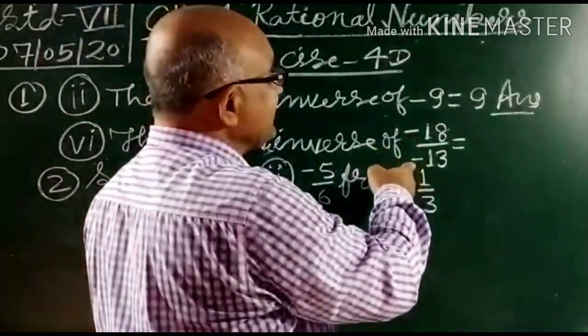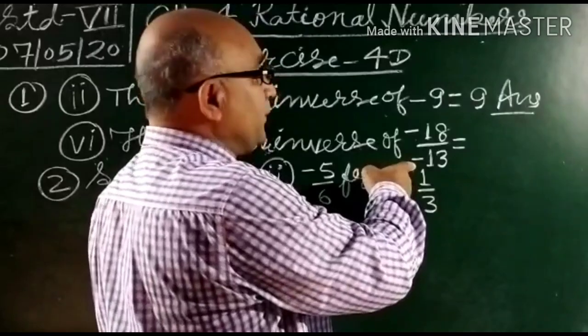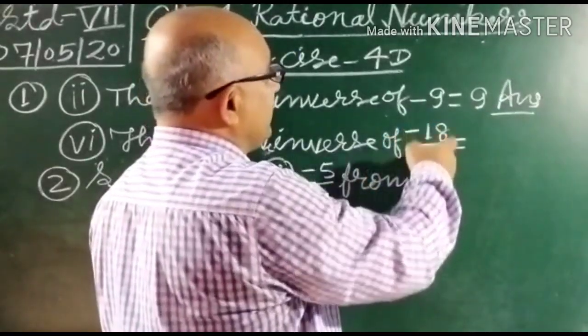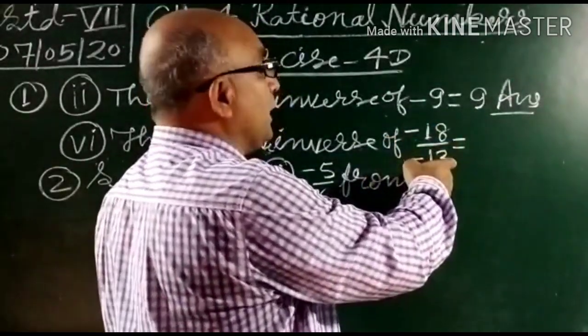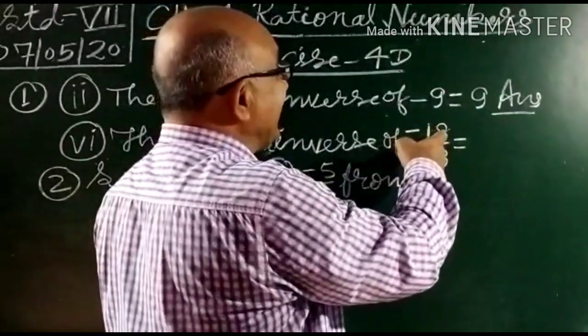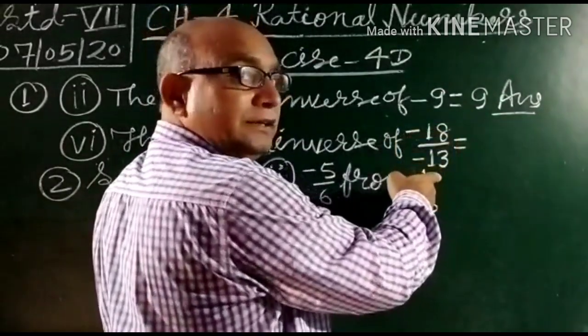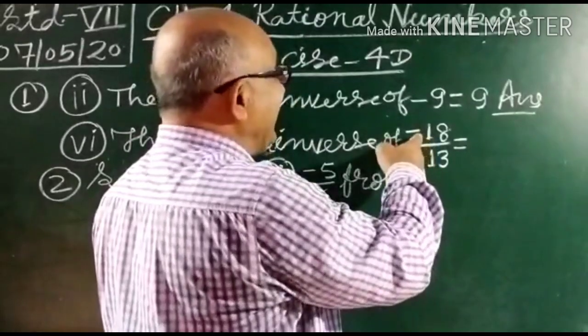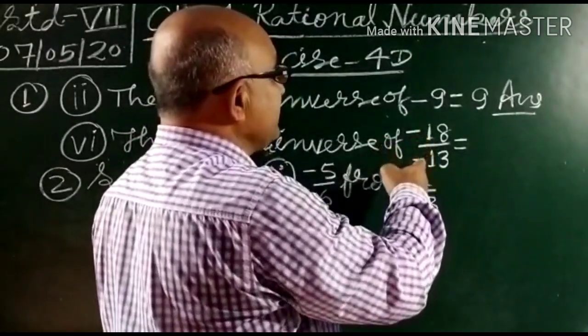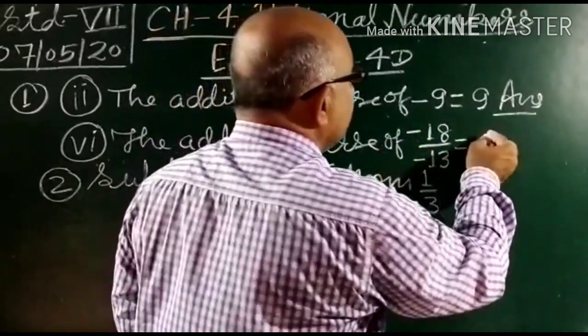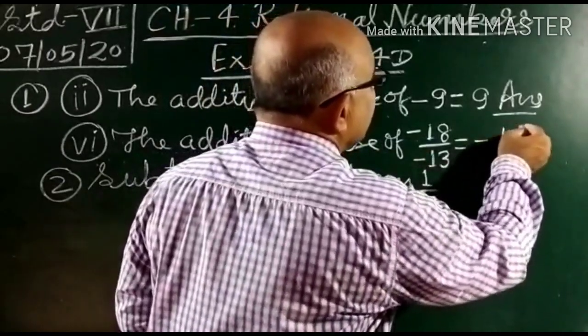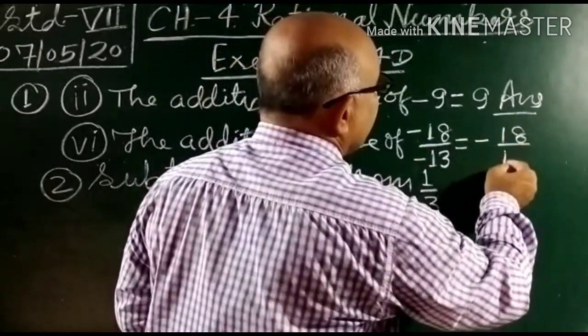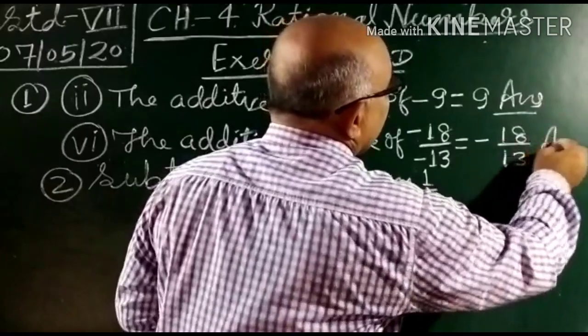First of all, change it into standard form. Multiply numerator and denominator by minus 1, then it changes into 18/13. So the additive inverse of minus 18 by minus 13 equals minus 18/13.